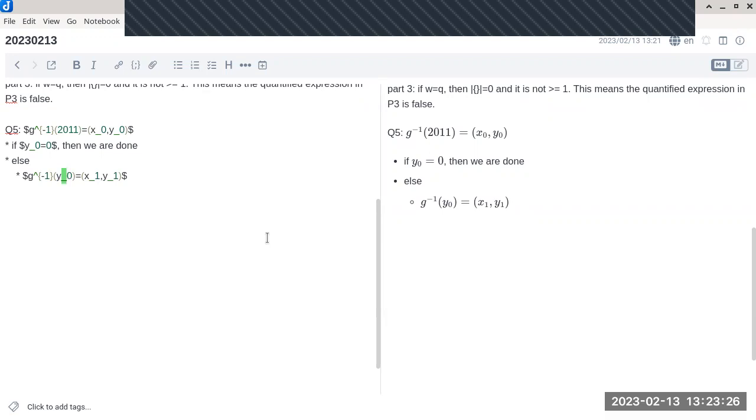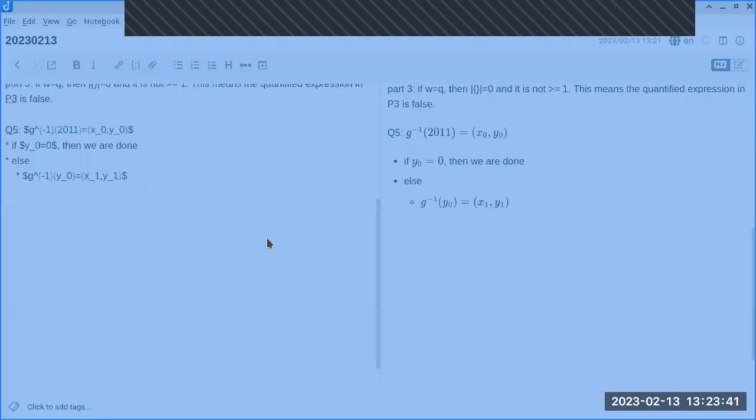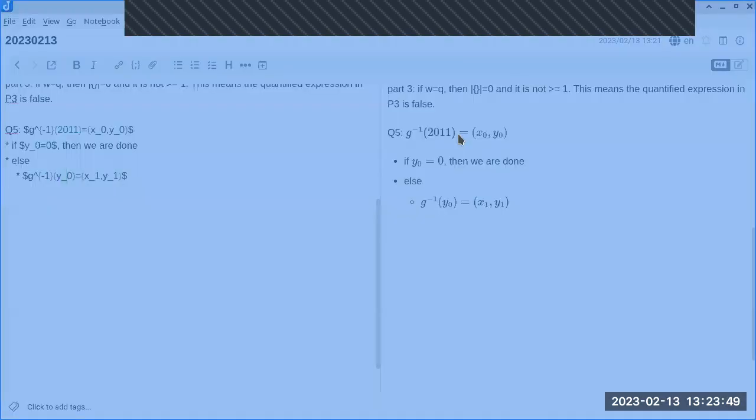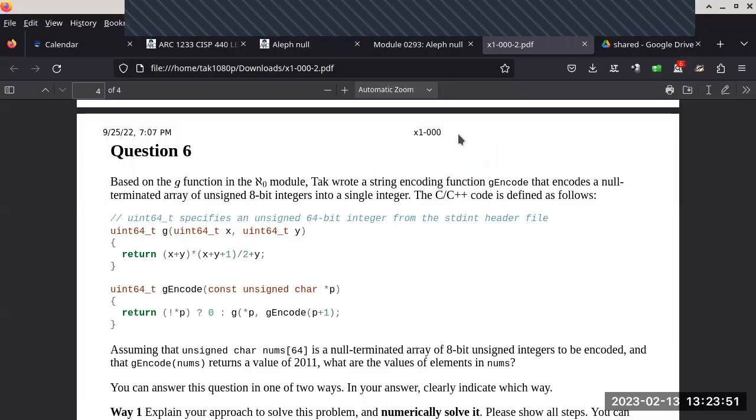Yes, go ahead. I'm sorry, can you do the actual math out as well? We are running out of time today, but I can show you where you can find the math. Because to apply this thing here means you have to find out how G inverse is defined. So do you know where G inverse is defined?